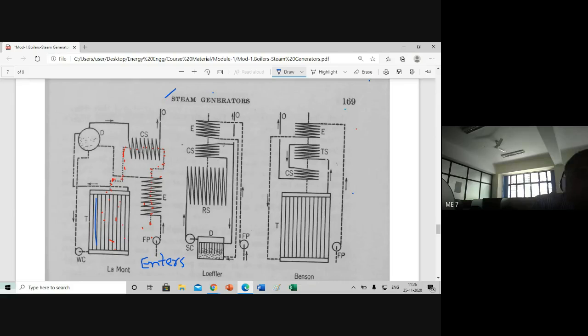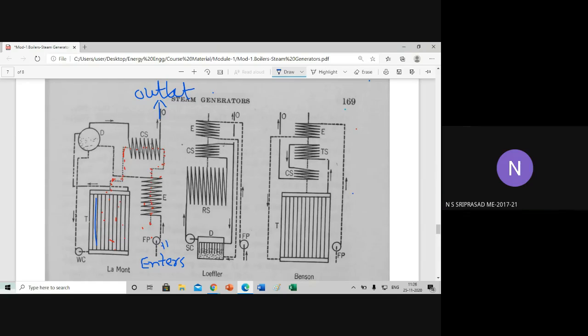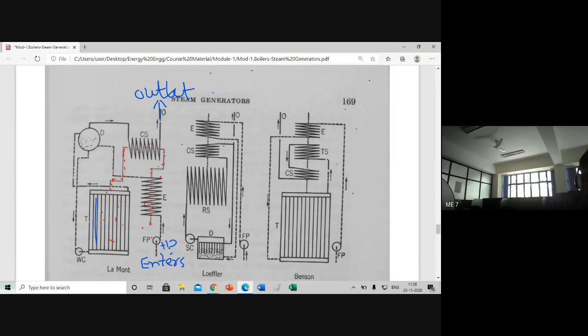Water enters, outlet. Water enters here, and steam comes out.